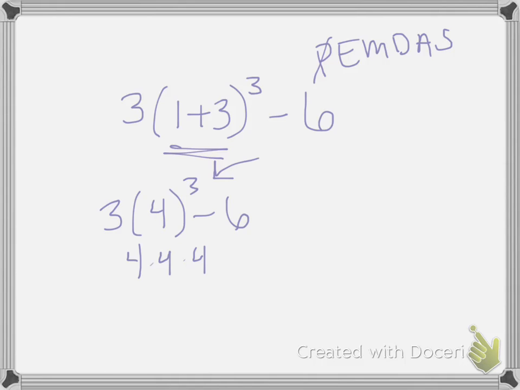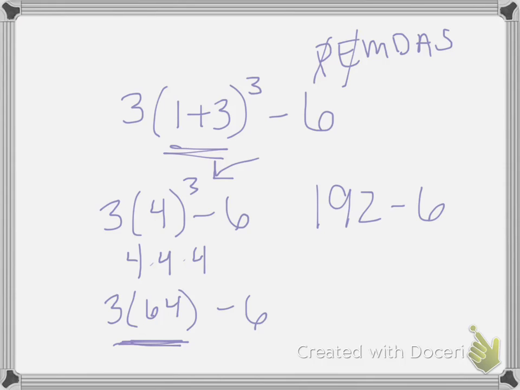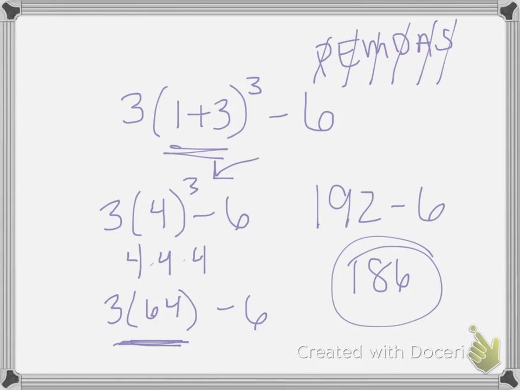So 4 times 4 times 4 is 64, so we just replace that with 64. Multiplication, we got multiplication right here, so 3 times 64, which is 192, and we still got that minus 6. We don't have any division, we don't have any addition, so then we just have that subtraction. So 192 minus 6 is 186. So there's my answer.